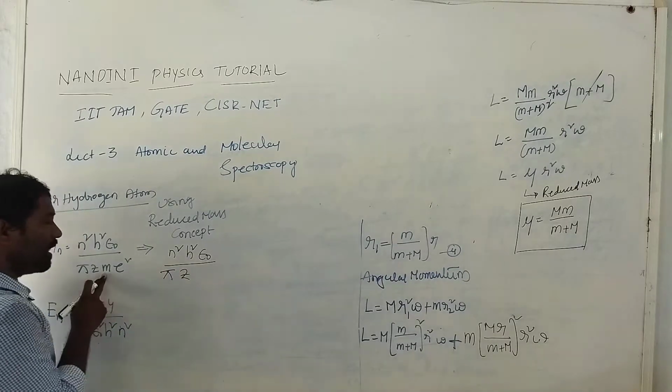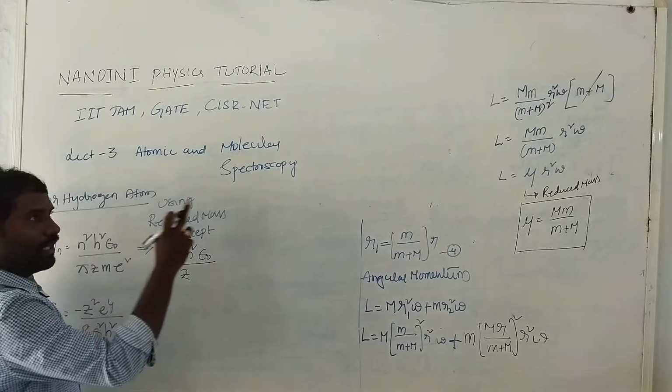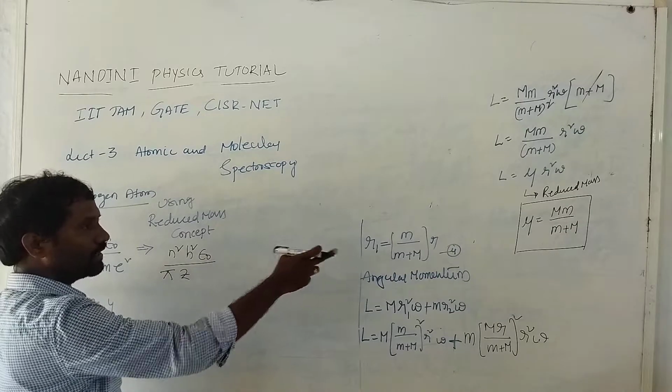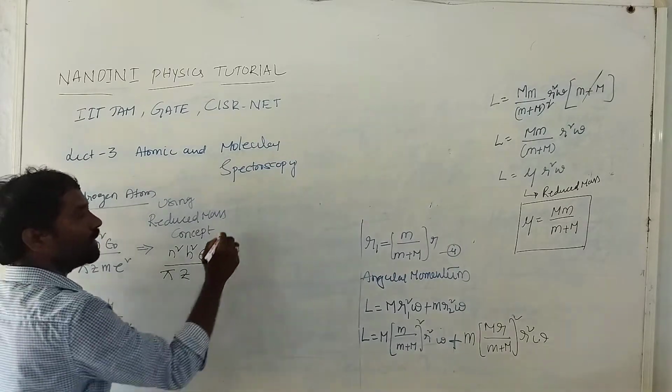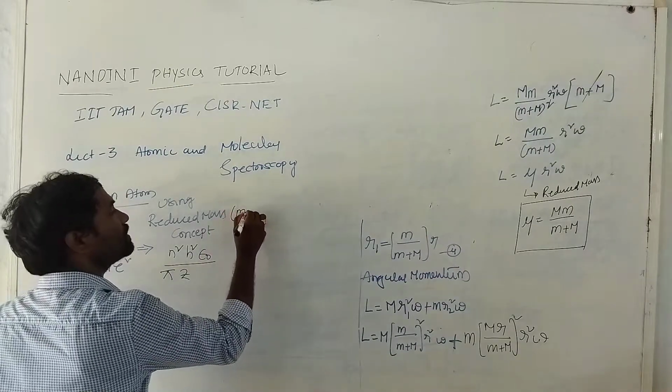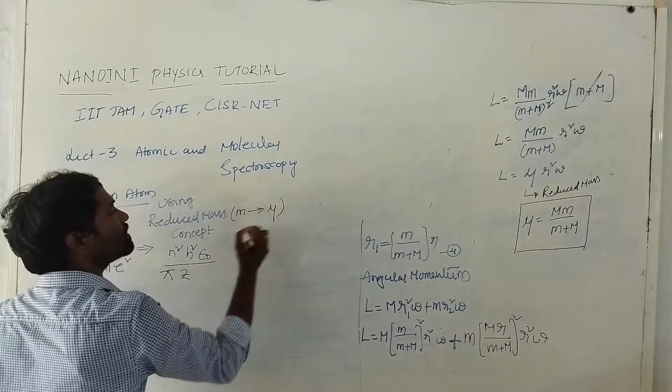Right now this is the mass of the electron, but we are introducing the finite nuclear mass concept, so I change this mass into reduced mass.